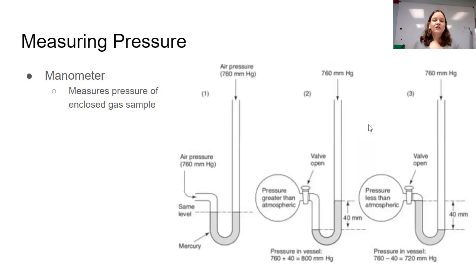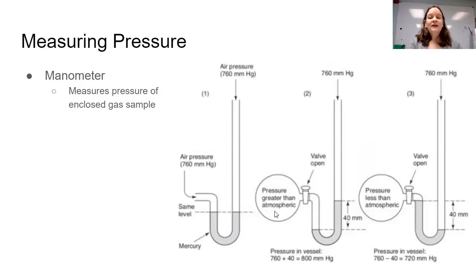Another tool we can use is called a manometer. A manometer is an enclosed gas sample. The manometer itself is this kind of curvy tube, again with usually mercury inside. You would attach your flask that has whatever substance in it.